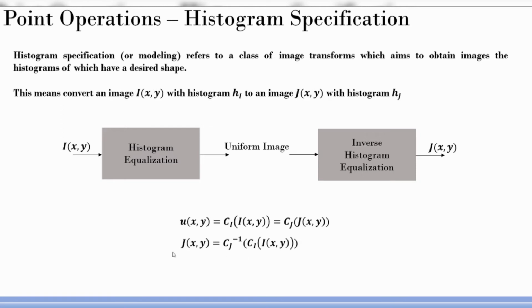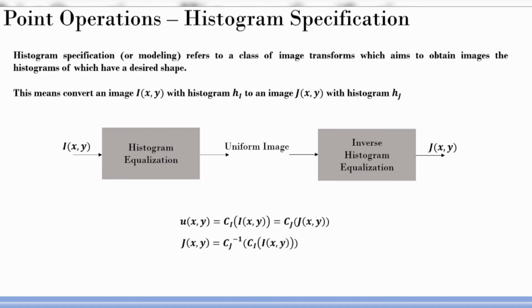In mathematics it looks as simple as this. J of xy can be obtained by an inverse formula, but actually we are not doing it like this. We have something like minimization between the cumulative distribution of the first image and the second image, and then try to make them closer. Then you will come up with a new cumulative distribution function which is somewhere in between the two images and use it for correcting the image.